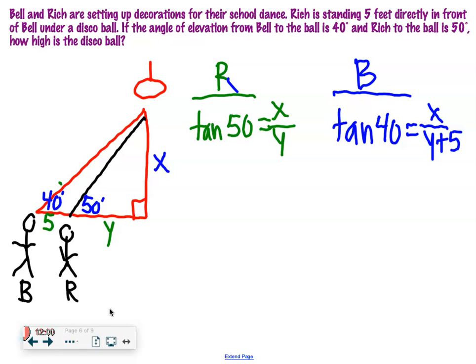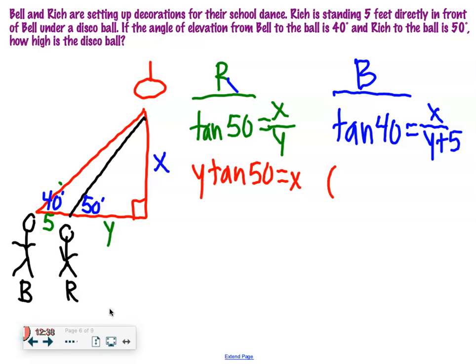So now I want to figure out what X is, right? Does anyone have an idea? Could I get both of these equations equal to one variable? Which one do I want by itself? X. So if I want to get X by itself in Rich's equation, what would I multiply by? Y. So I'm going to have Y tangent of 50 equals X. And then what would I multiply over here?